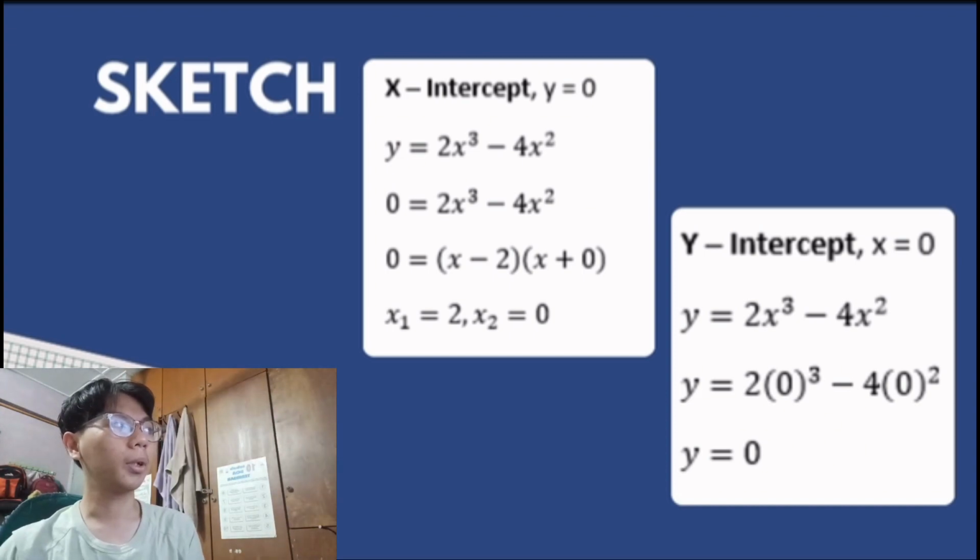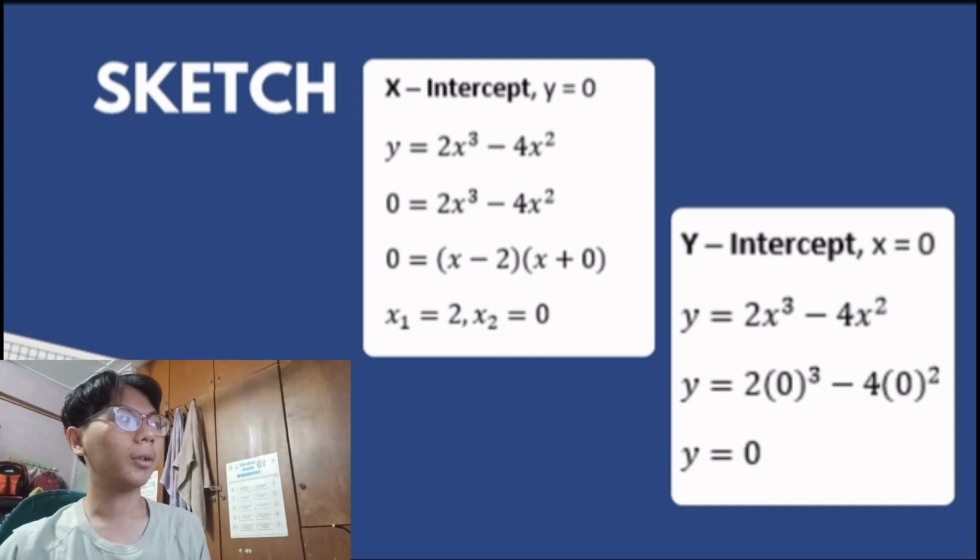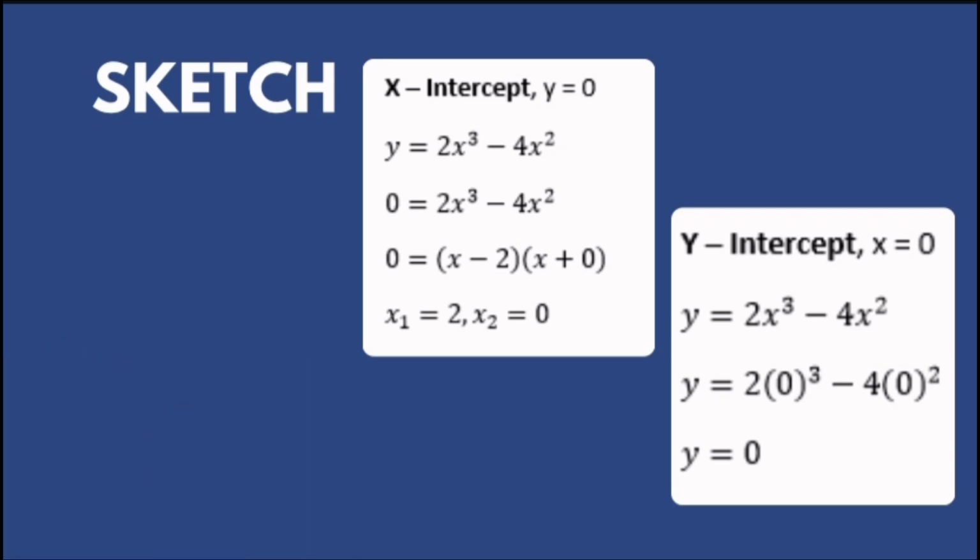For the y-intercept, where x equals 0, y equals 2(0)^3 minus 4(0)^2, and we get y equals 0.